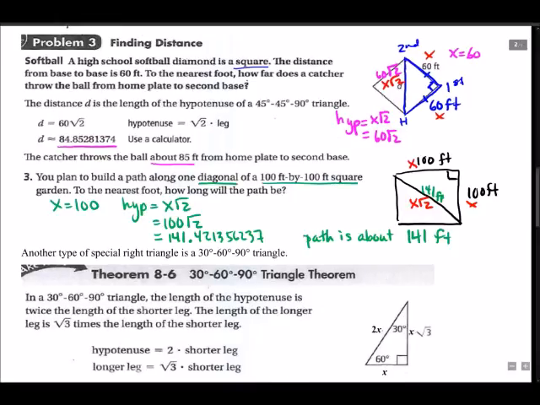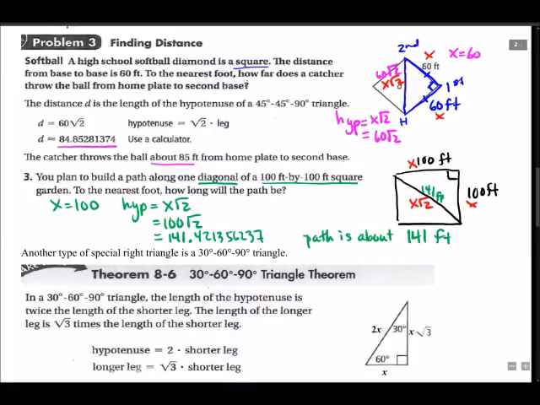Another easy problem, if you followed the steps. I drew my garden, and I know that it's 100 feet on each side because it's a square, and we want to build a path along the diagonal. So I see I have a 45, 45 right triangle here.